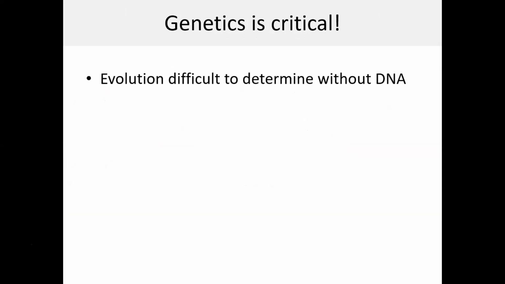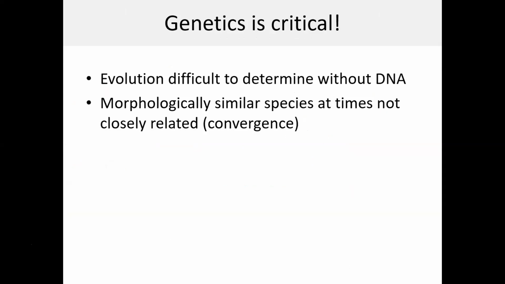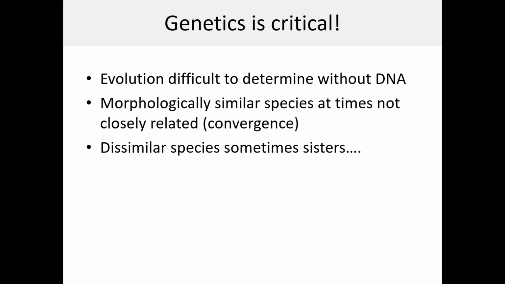I'm not going to go into any details here, just to say that evolution is a pretty complex process. As a result, we can end up having species that are morphologically similar, but that may not necessarily be closely related. This happens due to convergence. And then sometimes we've got 2 species that don't look alike at all, or are ecologically very different, but in fact are very closely related evolutionarily.